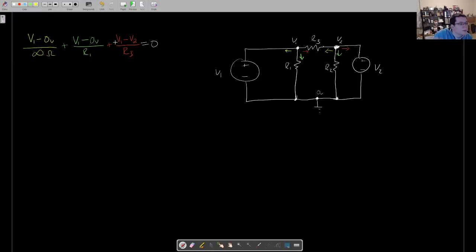So now we're going to do V2 minus V1 divided by R3. And notice I'm going in the direction of my arrow. I start at the base of the arrow and go towards the tip. V1 minus 0. V2 minus V1.